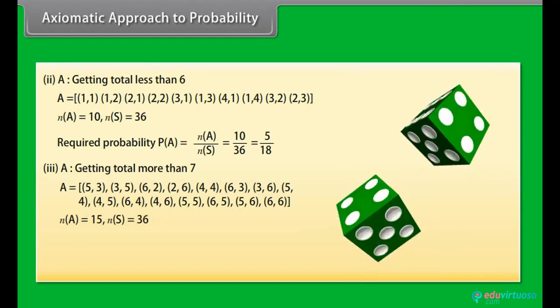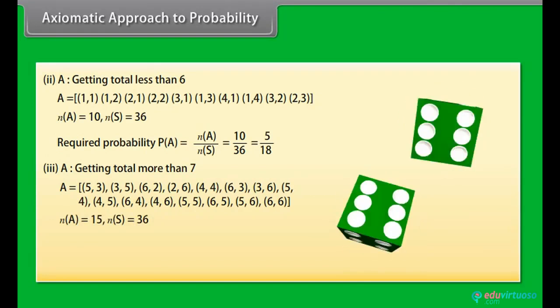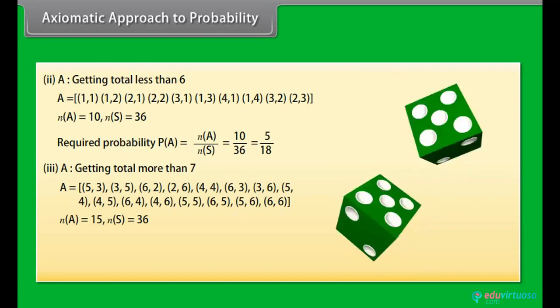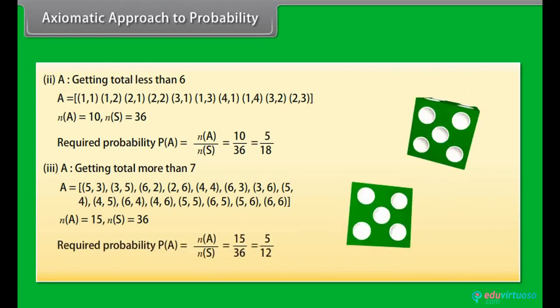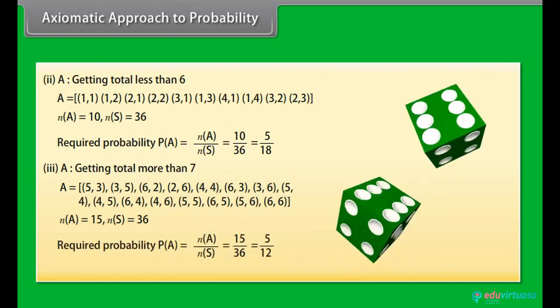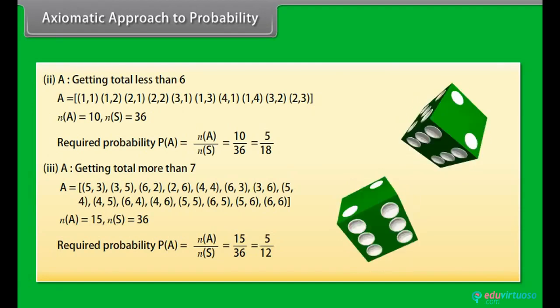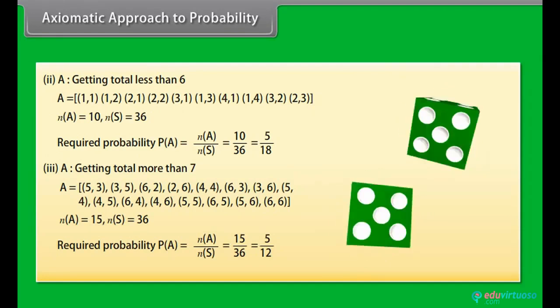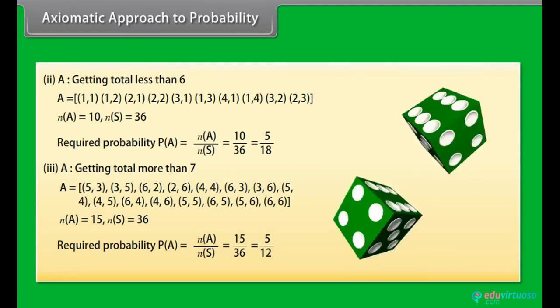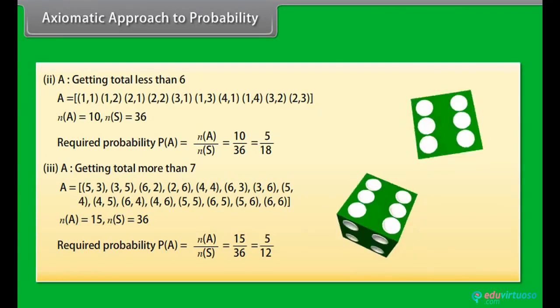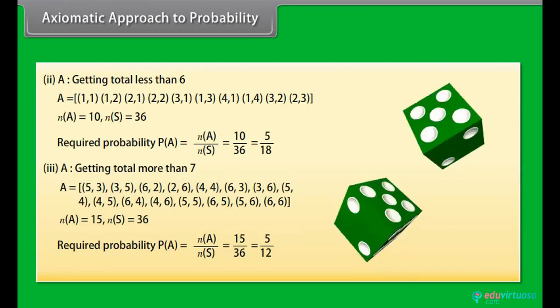NA is equal to 15. NS is equal to 36. Required probability PA is equal to NA by NS is equal to 15 by 36 is equal to 5 by 12.